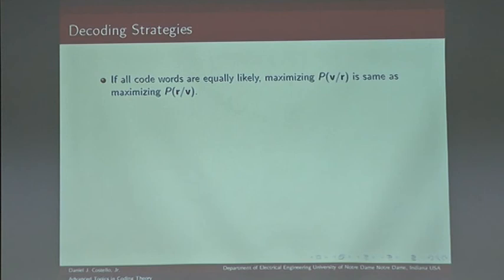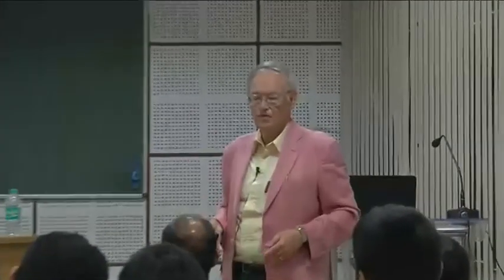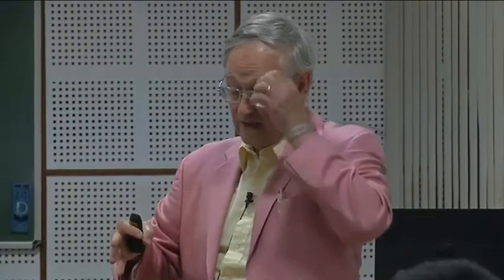Where we run into decoders where we can't use this, and we'll see some examples later, is when you have iterative decoding algorithms, where you go through several rounds of decoding. In the initial round of decoding, all the different code words may be equally likely, but once the decoder gains information through the iterations, then different code words have different probabilities.